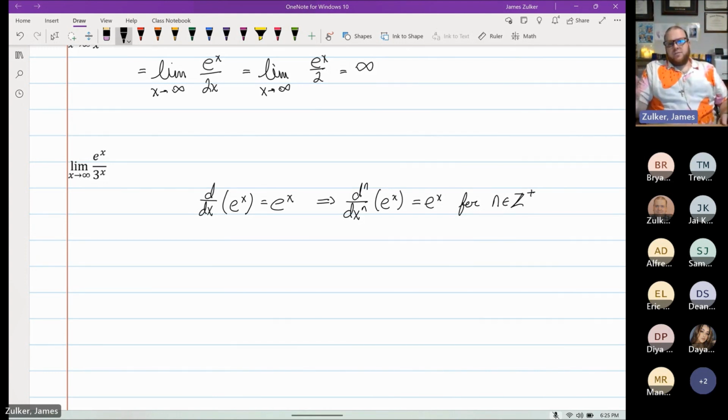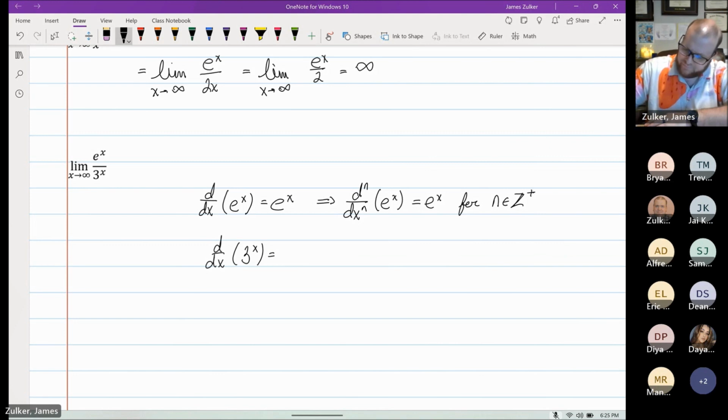So every higher order derivative of e to the x is also going to be e to the x. Derivative of 3 to the x, 3 to the x log 3, right?